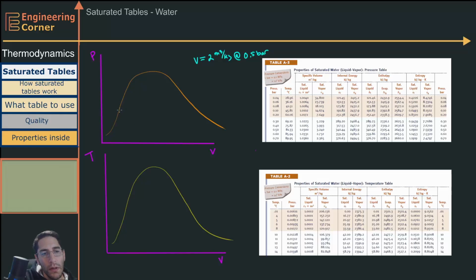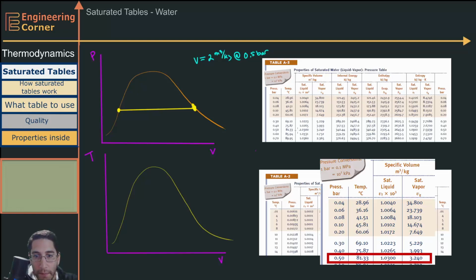How do we know how far over it is? So at 0.5, let's say I can draw a straight line. At 0.5 bar, we know that this is 1.03 times 10 to the minus 3 meters cubed per kilogram.